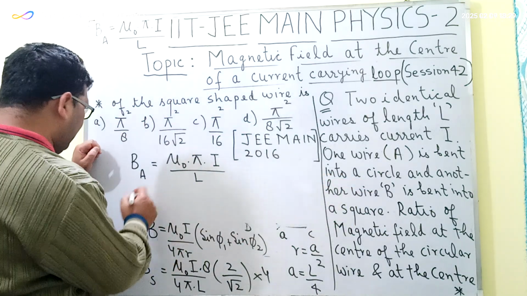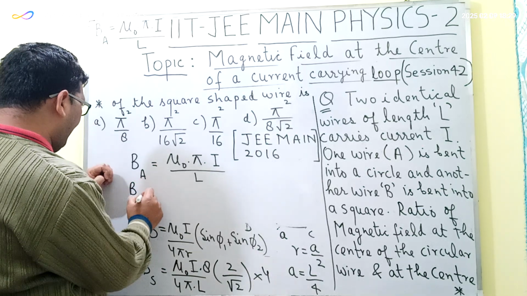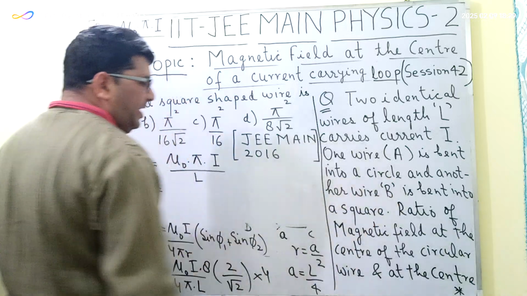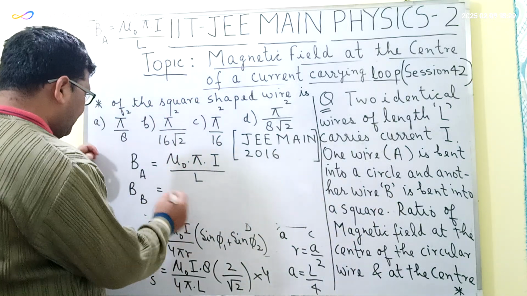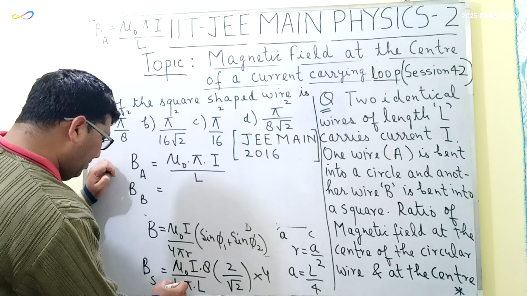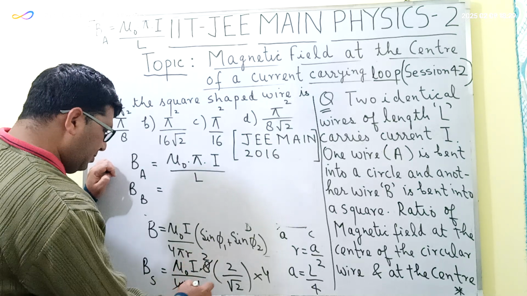Now similarly this magnetic field BS can be written as BB because the wire B has been bent in the form of a square. So this will be equal to, now here you can see that this 4 and this 8 by 4 is equal to 2.